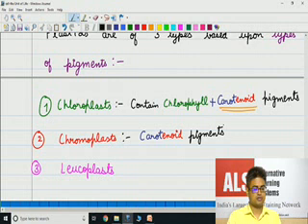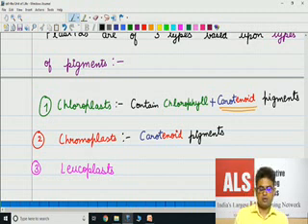So chloroplast is a separate thing, chromoplast is a separate thing, because one has chlorophyll and the other does not.